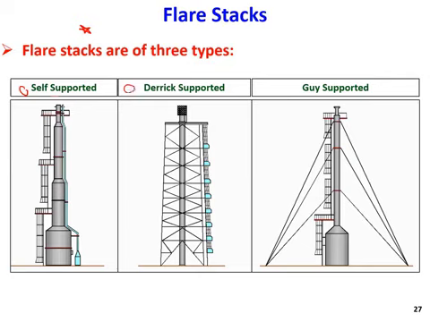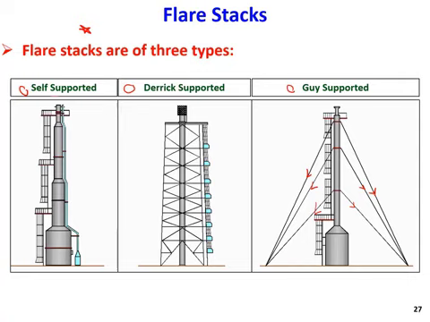Another type is derrick supported. So we use a kind of network of metal bars to keep the flare stagnant on the ground and in the vertical position. And the last type is guy support. Then we usually use this kind of wires connected to the ground to keep the flare stagnant.